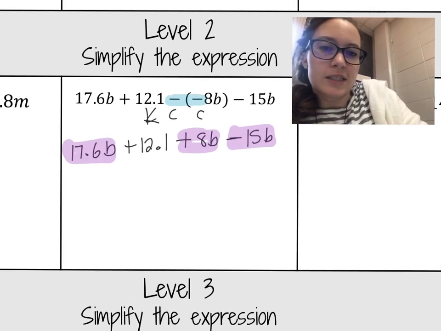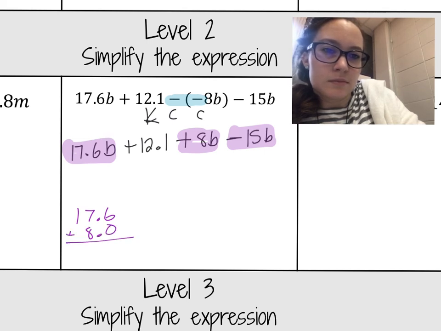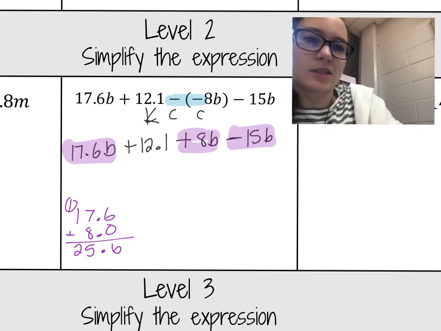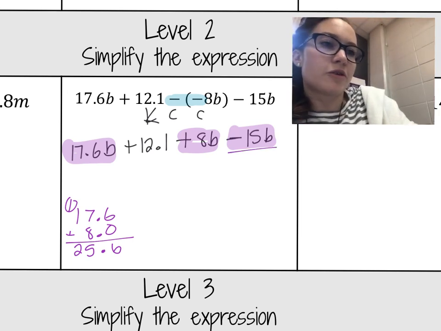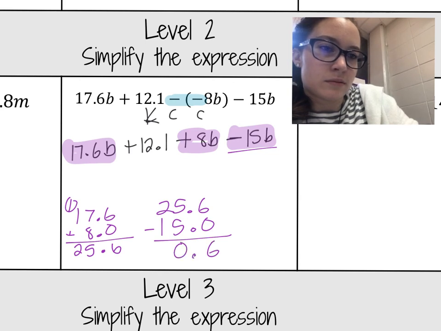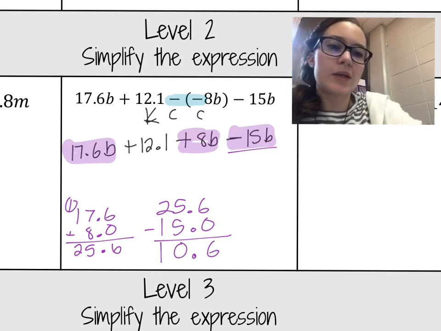So we're going to start with 17.6 plus 8, okay, and we get 25.6b. Then we have to subtract a 15b, so 25.6 minus 15. So we have 10.6b.